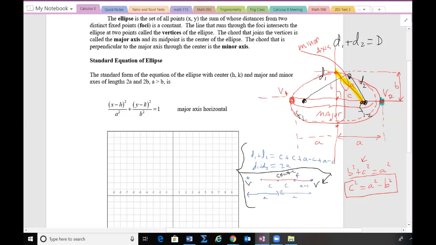So it's coming across, stretched all the way from here this way, and then it still has a little bit more to go because it has to come back to the other focus. So that's that D1 plus D2 in there.